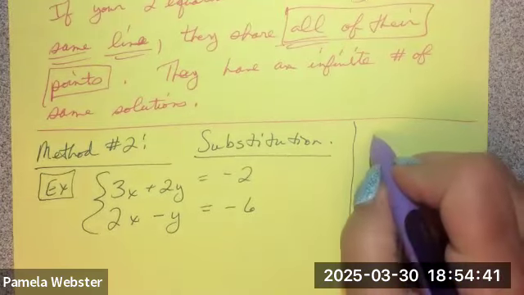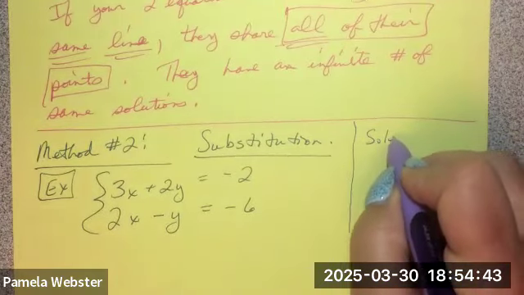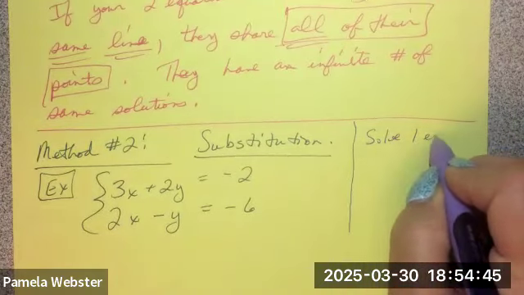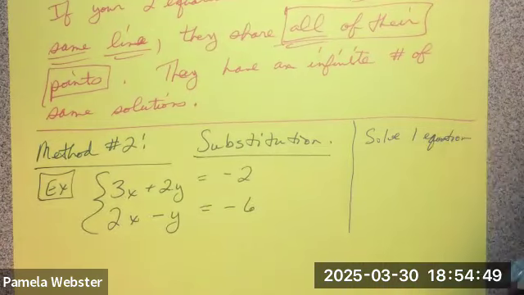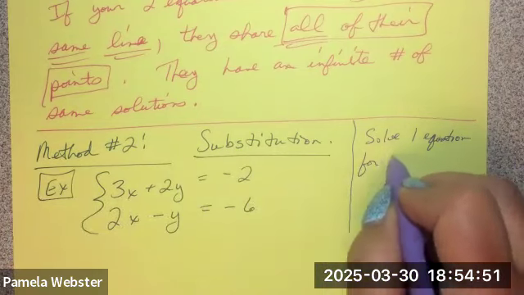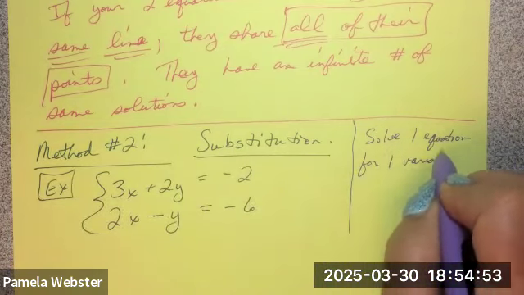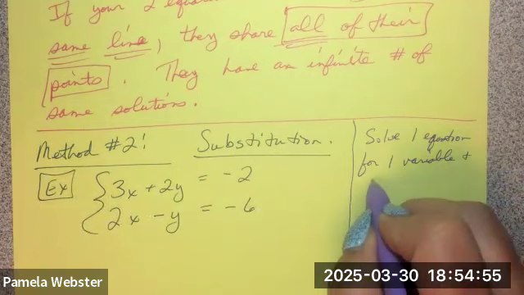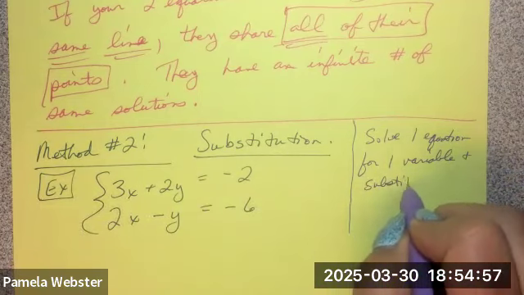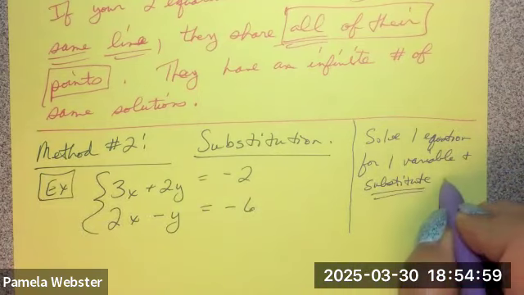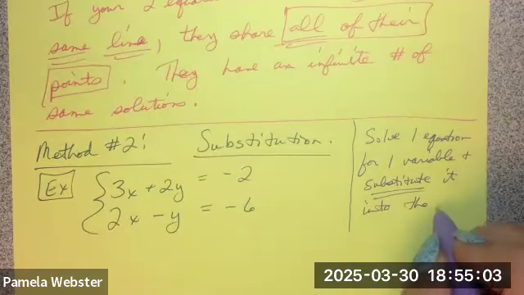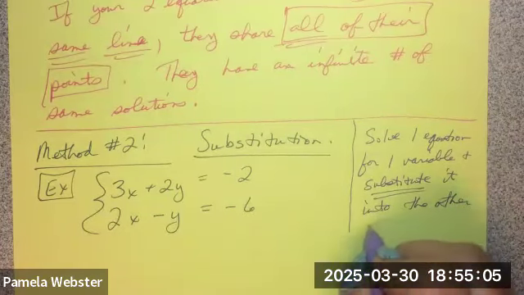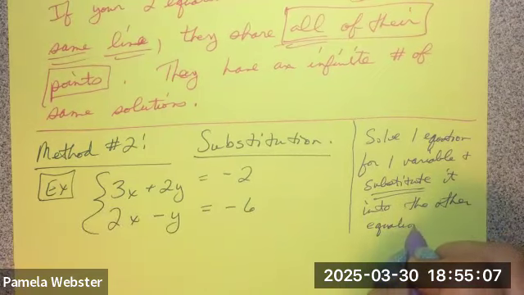So what we're going to do here is solve one equation for one variable and substitute it into the other equation for that variable.